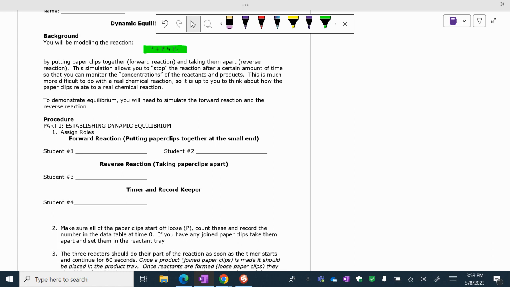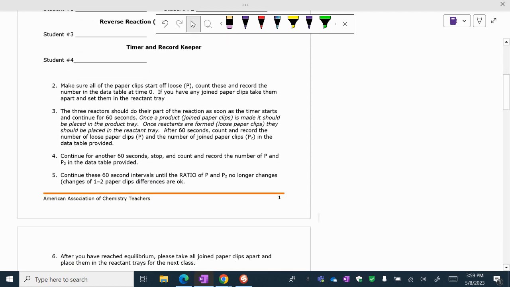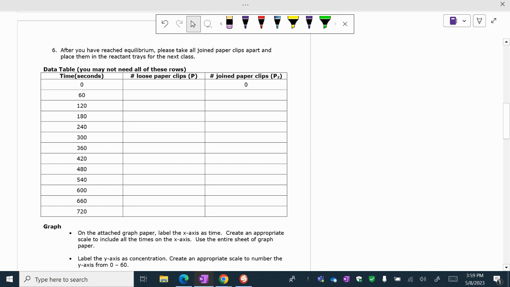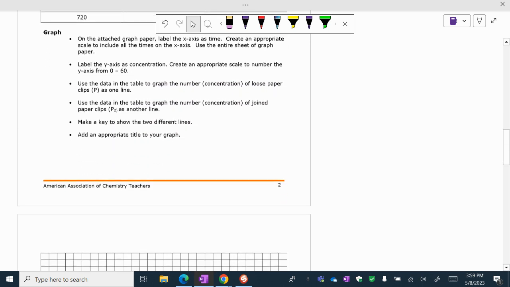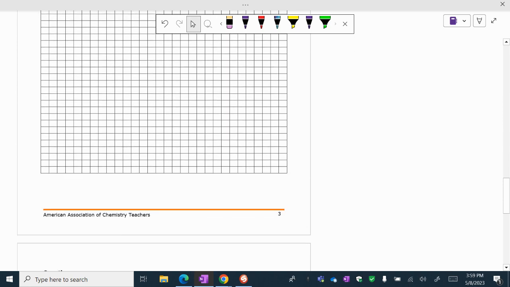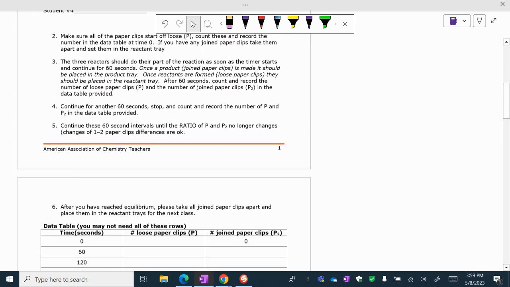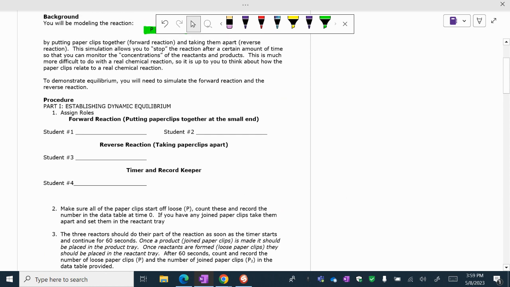And somebody needs to be the timer and recorder. You have all the directions here. Make sure you read through them before you get started. The data table is made for you. You may not need all of those times, but they're there if you end up needing that much. And then you have directions to make a graph, and there's graph paper, and then you have your questions to answer.